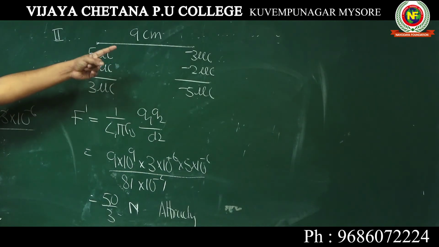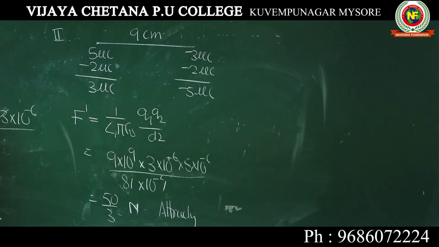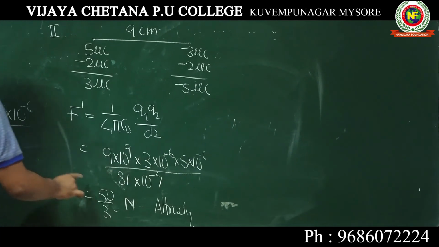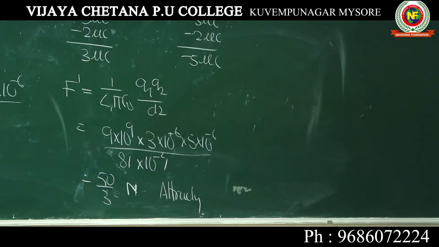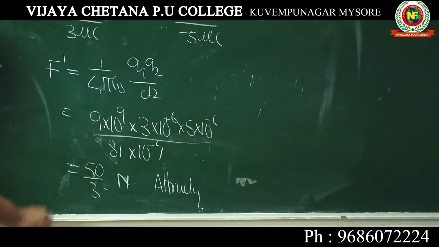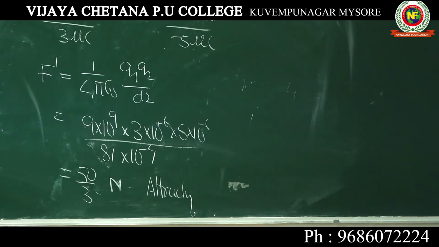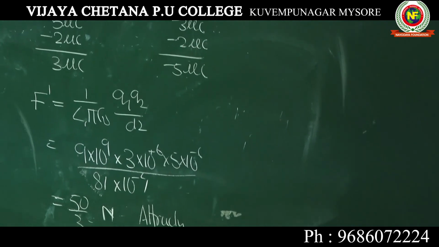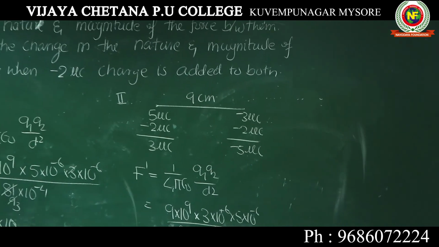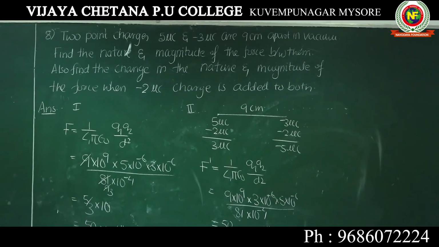Minus 2 to minus 3 becomes minus 5 microcoulomb. On putting these two values here and calculating the force, you again get 50 by 3. So the force neither changes in magnitude nor in nature. In both the cases they are identical. I think you have followed this problem clearly.